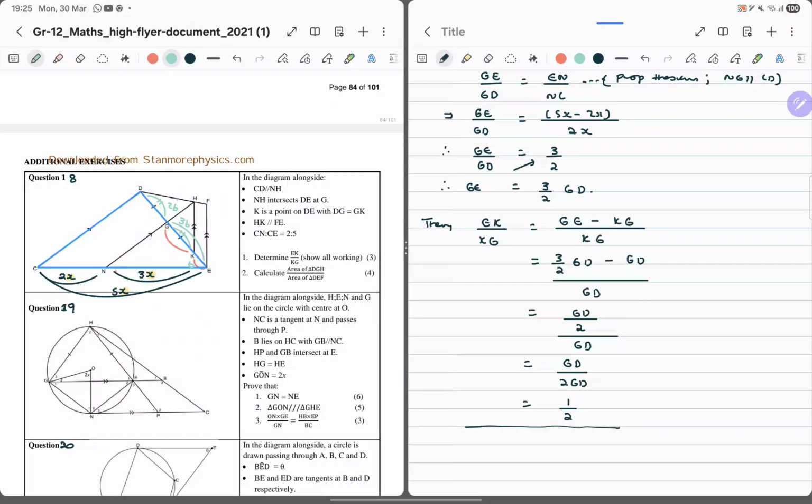Mathematics, guys. Mathematics. You see, most of the mathematics is mathematicking. It is doing the maths.